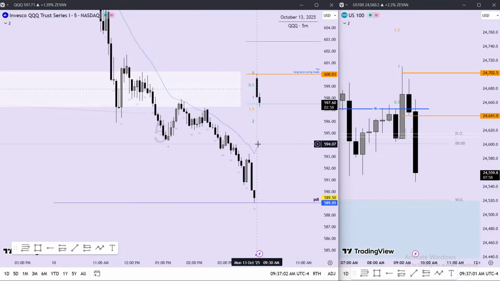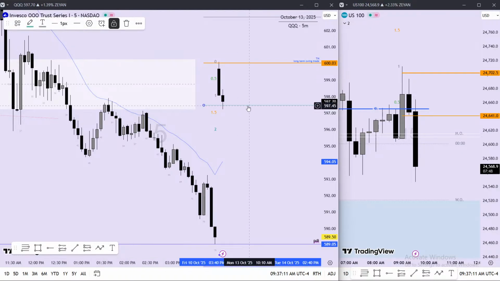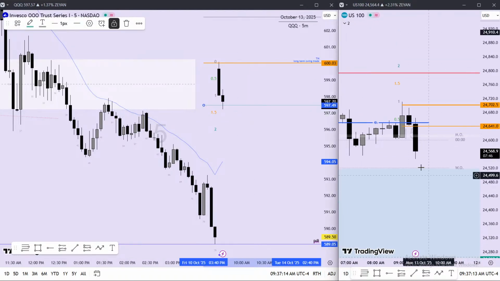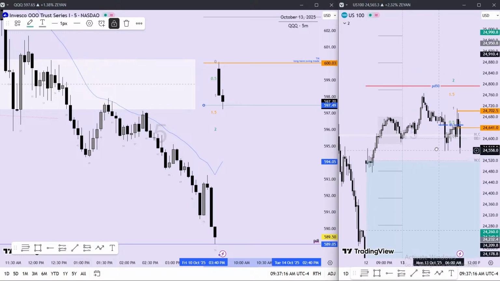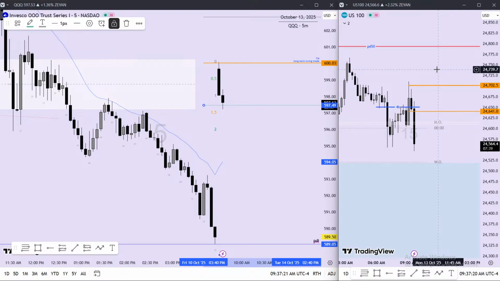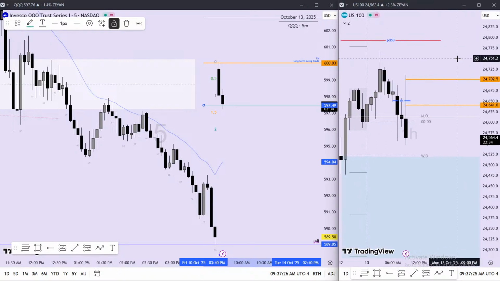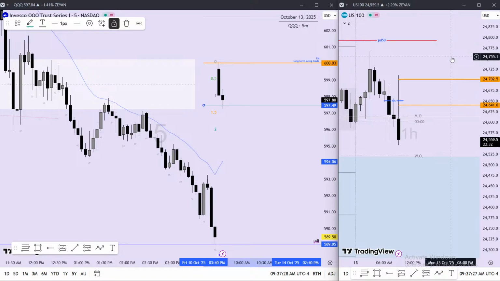We opened above the 20 period moving average, bouncing off the 20-day period moving average. For a higher time frame reference, it would have been ideal for bulls to get an hourly close above 641.